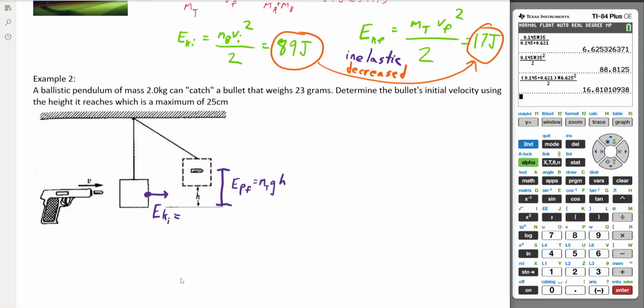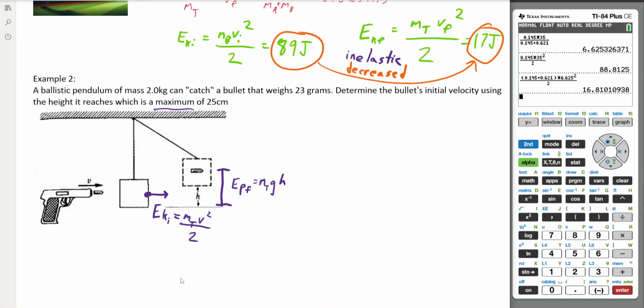Okay? So now we have mT v squared over 2. Now, the kinetic energy is being completely transferred to potential energy because it's at the maximum. That's why that word, it wasn't super clear before, but that word is super important.